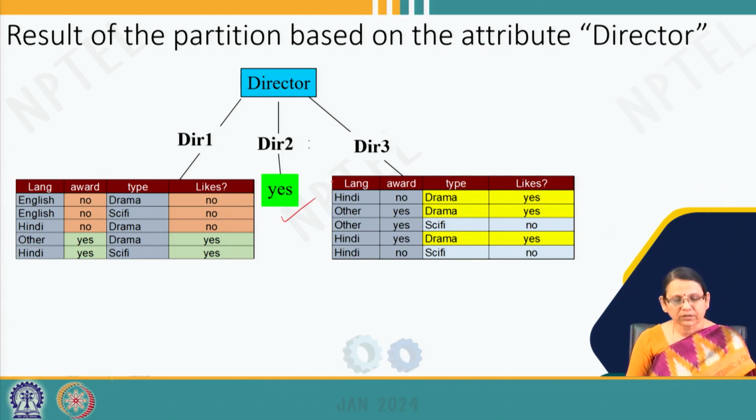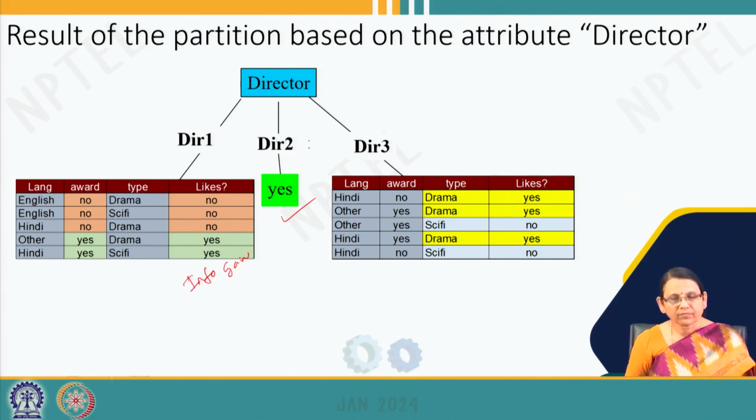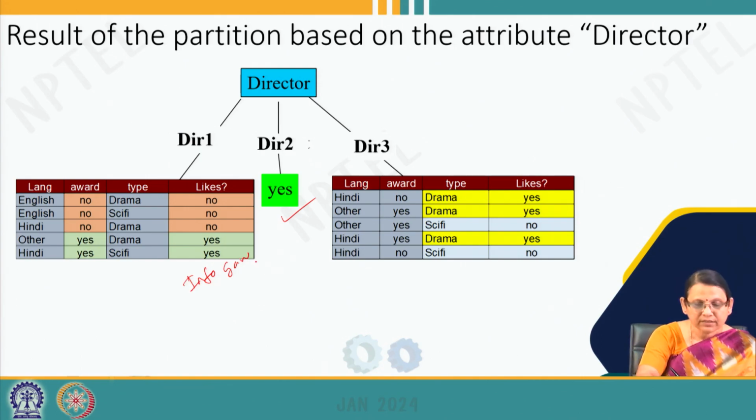Now with respect to this one, we are again going to find out the information gain again. Okay. So now which one? We have now 3 attributes: language, type and award. Now with respect to which attribute, we have to find out. With this small data set, we get information gain again with respect to these 3 attributes.